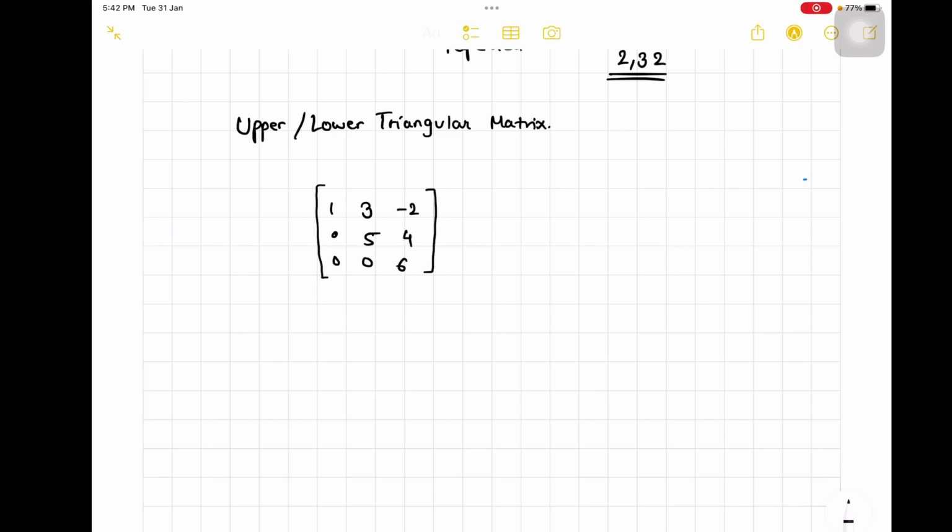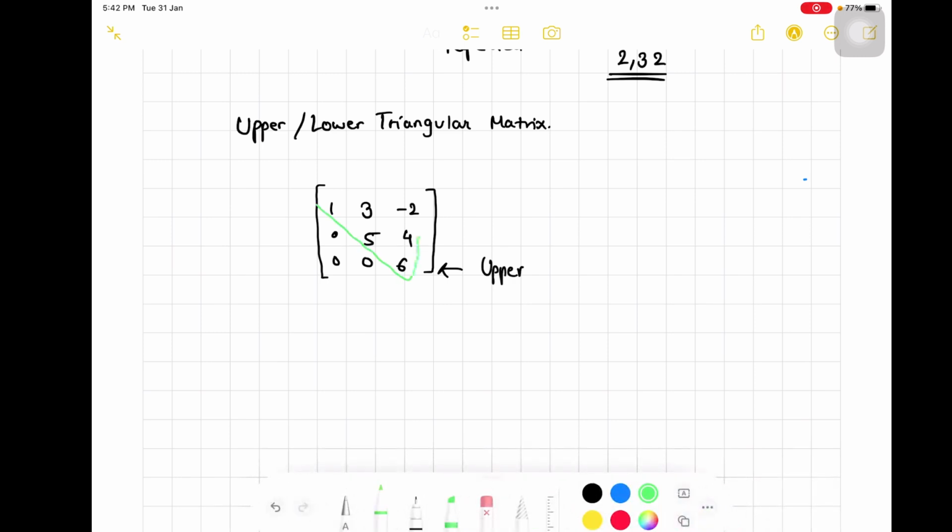So this is an upper triangular matrix. So how to identify that? You can see here that upper triangular will consist all of the elements or values in the upper part and the lower part will remain 0. So this is known as an upper triangular matrix.